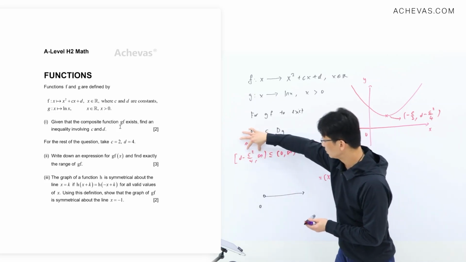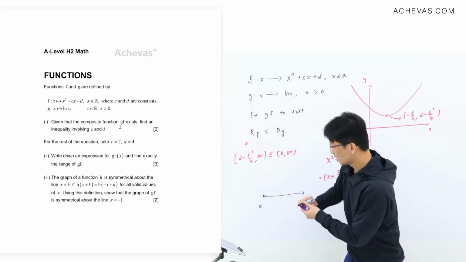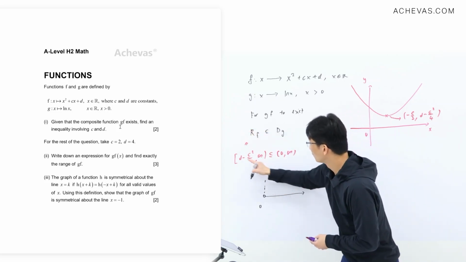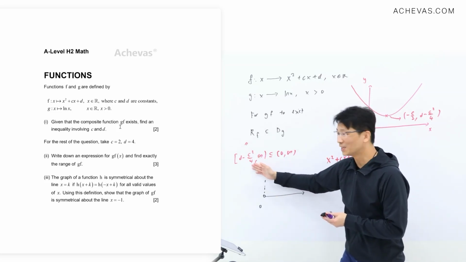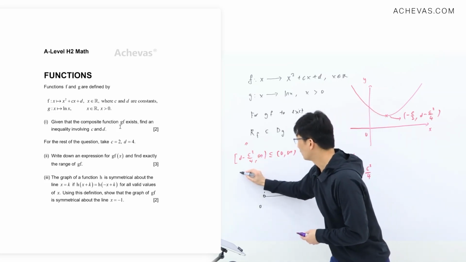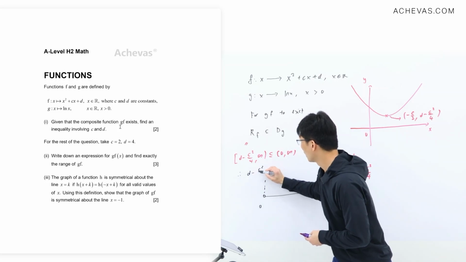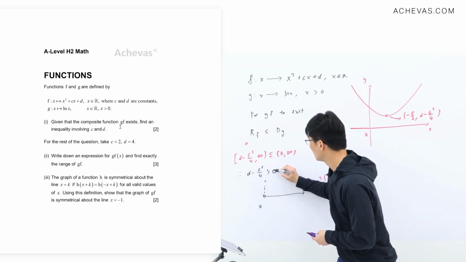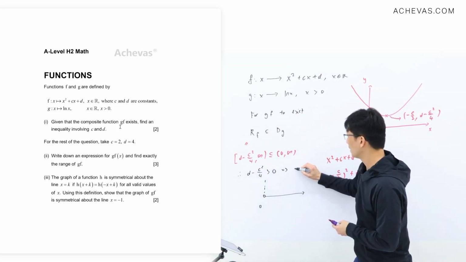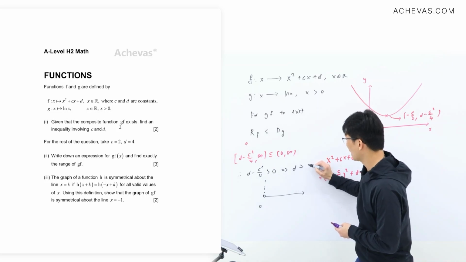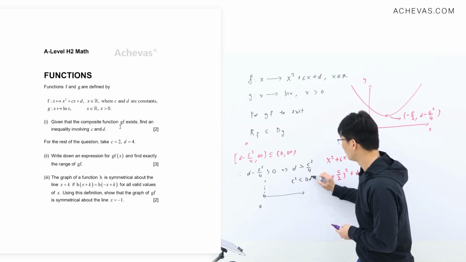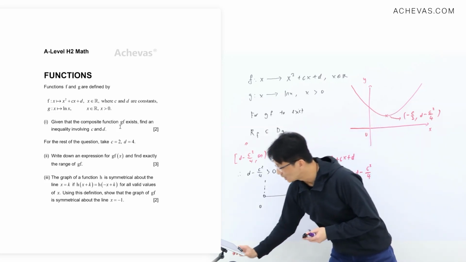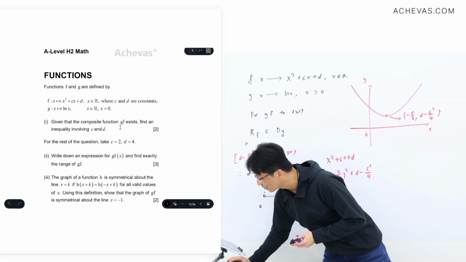In order for this to fit inside here, my value of d minus c squared over 4 must be bigger than 0. Simplifying this, I get d greater than c squared over 4, or c squared less than 4d. This will be my inequality for the first part of the question.